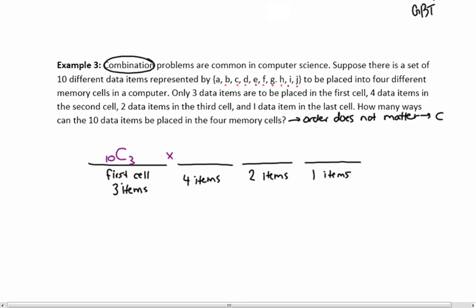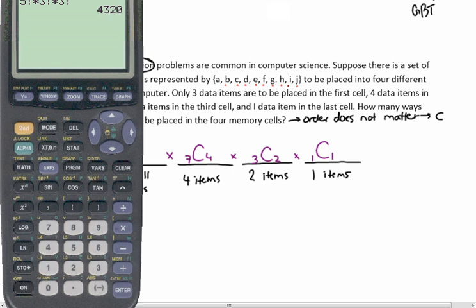Now that we placed 3, how many do we have left over? We have 7 left over. So for the second cell, now that I've already placed 3 of them, there's 7 left, and we want to choose 4. And now that we've placed 4 more, so 7 have been used up, we have 3 items left. I want to choose 2 of those to go in the third, and now I have only 1, and I want to choose 1. Okay?